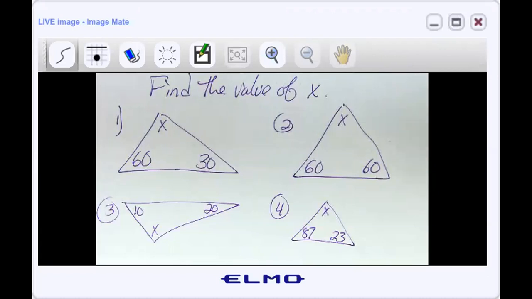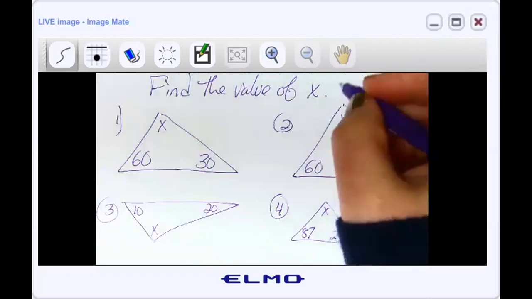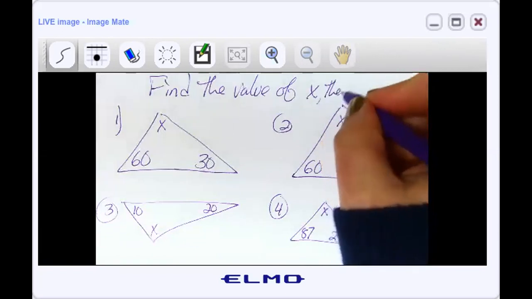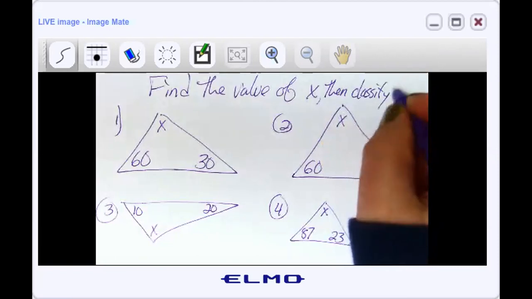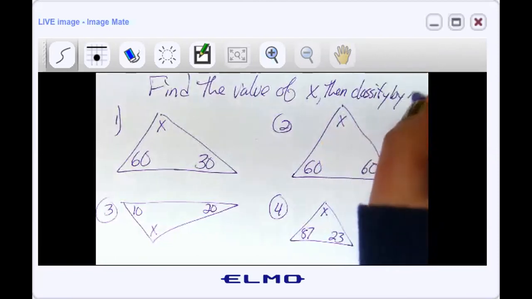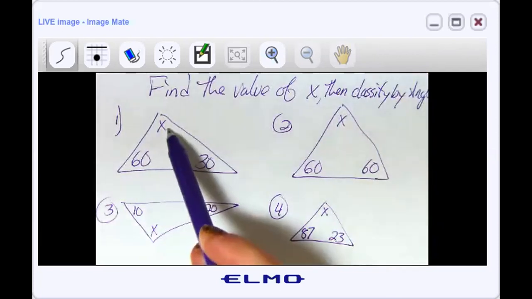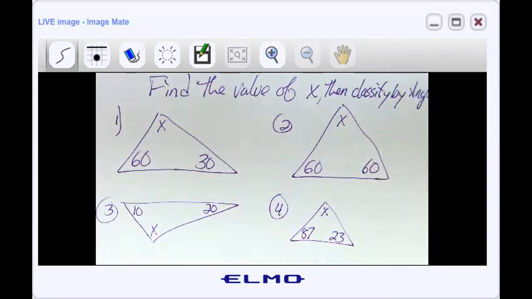Actually, I'm going to add a part 2 to this. Not only do I want you to find the value of X, once you have found it, I want you to then classify by angles. So for the first one, you're going to figure out what X is, and then I need you to tell me if it's acute, obtuse, right, which type of triangle is it?